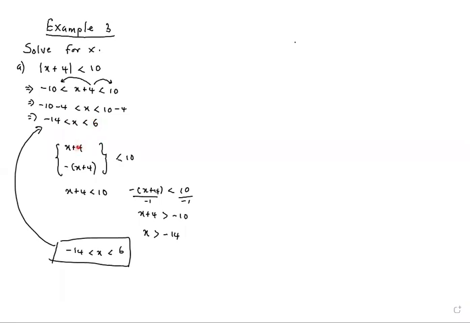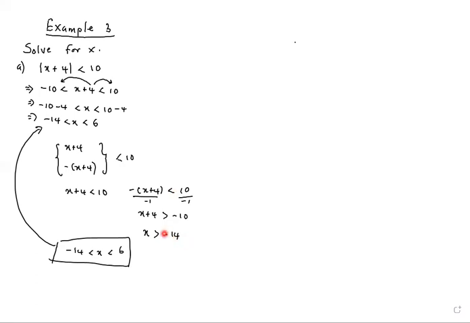Another way is you redefine the modulus, and keep the less than as it is, but this time around you're having 2 equations. The first equation, less than 10, you can solve it, it will give you x less than 6. The second equation, less than 10, when you deal with the negative, it will change the inequality from less to greater, and then solve for x, you get x greater than -14.